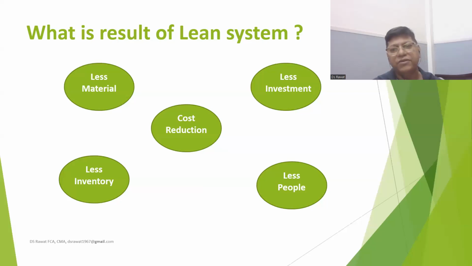We will be keeping less inventory because we will be implementing the pull systems. And in pull systems, we will be keeping inventory just for the order of the customer. We will be going for lean, JIT systems, Kaizen systems, and we will also require fewer people. Fewer people does not mean reduction in the manpower. It means fewer people are required due to the nature of the process.